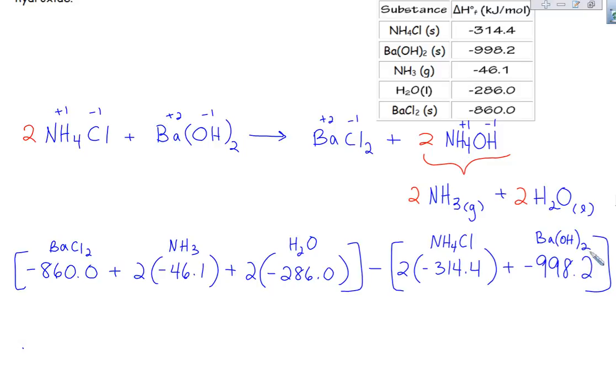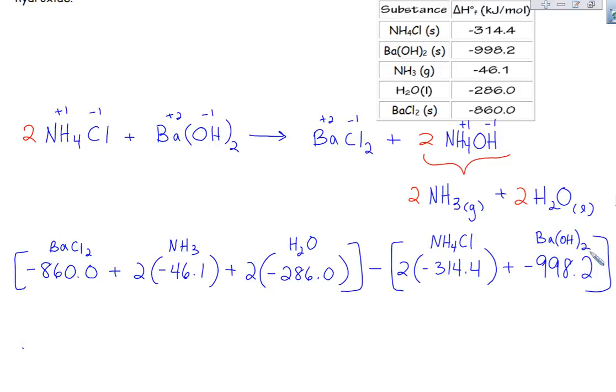Okay, so now again, you could just plug all this in your calculator. Go nuts if you want to. Sometimes I like to simplify these expressions. So if I plug this in my calculator, negative 860 plus 2 times negative 46.1 plus 2 times negative 286.